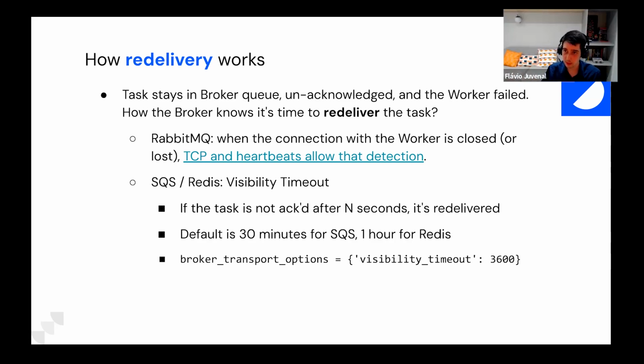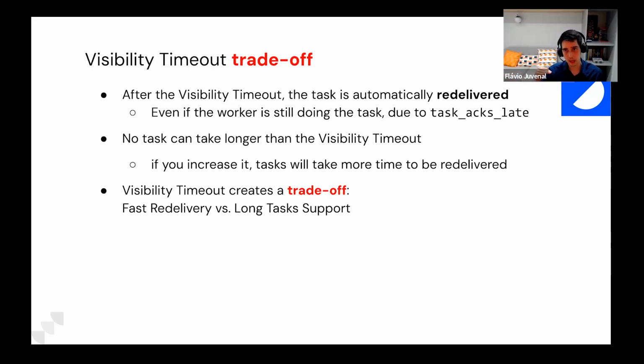The trouble is there is a trade-off. After the visibility timeout, the task is automatically redelivered, even if the worker is still doing the task. So that's a problem. No task can take longer than the visibility timeout. But at the same time, if you increase the visibility timeout, the tasks will take more time to be redelivered. So the visibility timeout should be a bit more than your longest task.